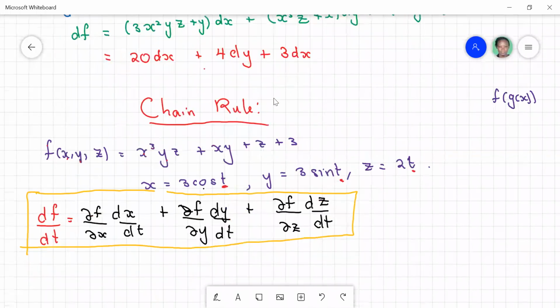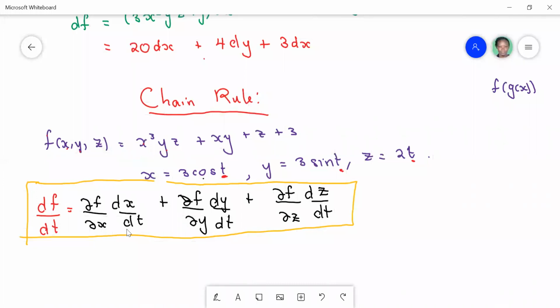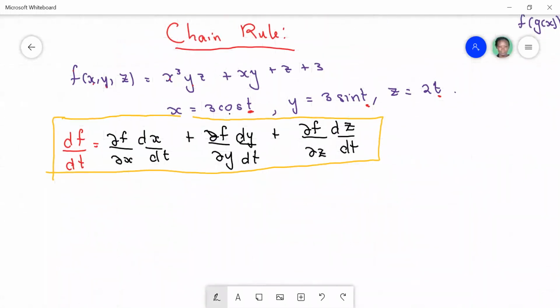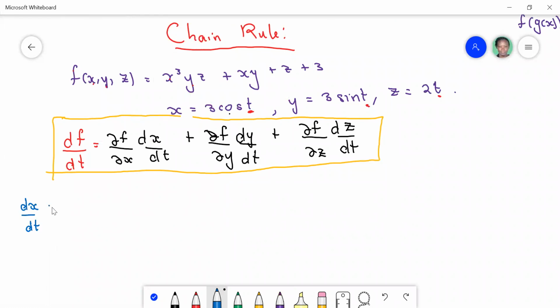So I need to find the derivative of these ones. Let's take the derivative, dx/dt. If I differentiate cos t, what do I get? If we differentiate cos, we get negative sine.